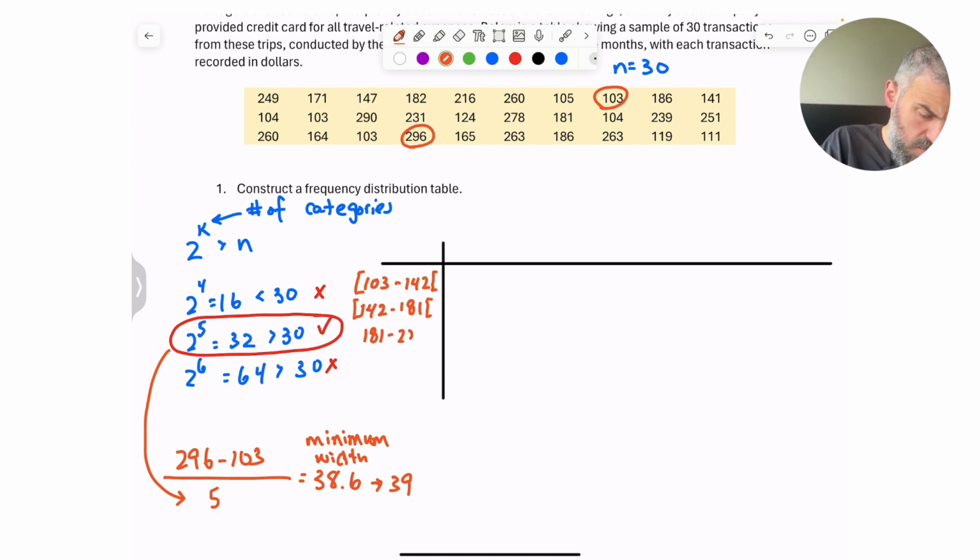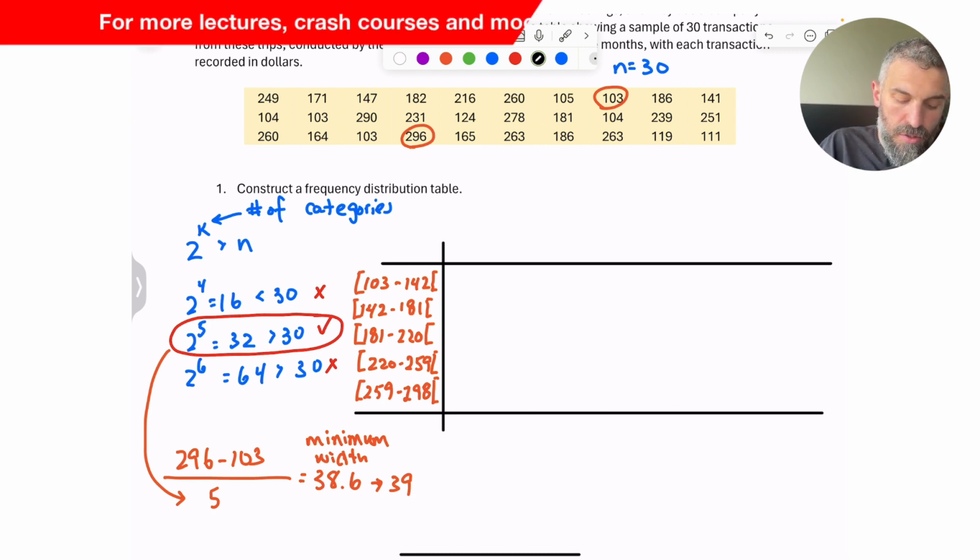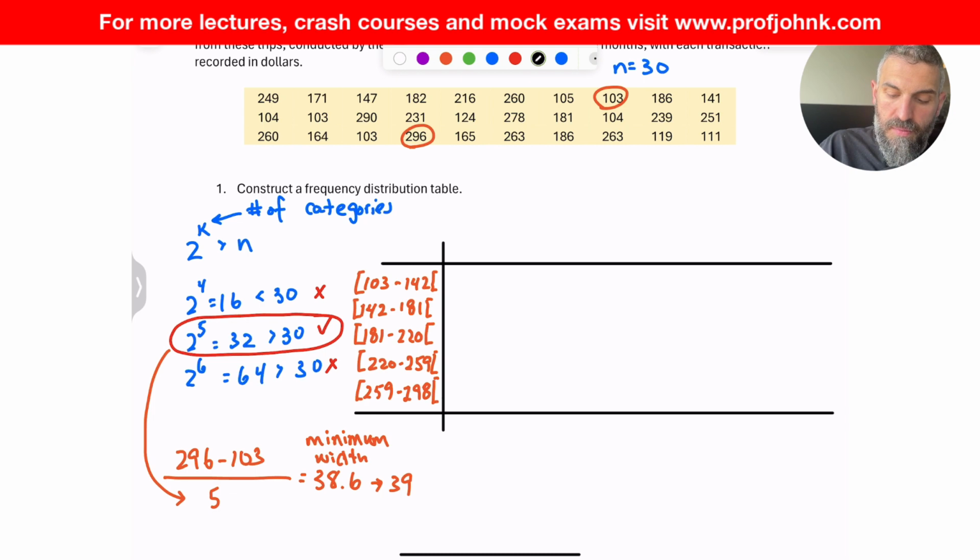So the next one will be 181 to 220. I'm just adding 39. So now I'll take 220, add another 39 to that. And I'll do that until I have 5 categories. And you see, you should be able to fit your highest and your lowest value in these 5 categories. That's how you know you've done it right.